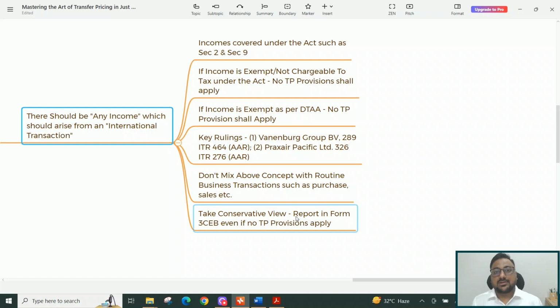Now the case was before me, and I was thinking about how to benchmark this transaction, because during that year there was no movement in those goods, and the valuation of closing stock done by the statutory auditors was at cost. So technically in the profit and loss account there was a purchase of X amount, and under closing stock there was a closing stock of X amount. If you net it off, that's zero, right?